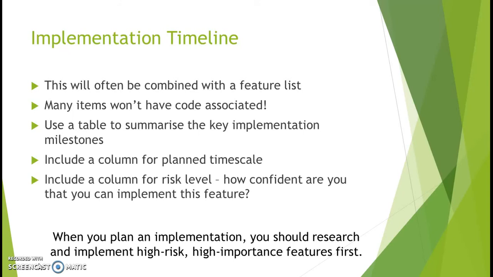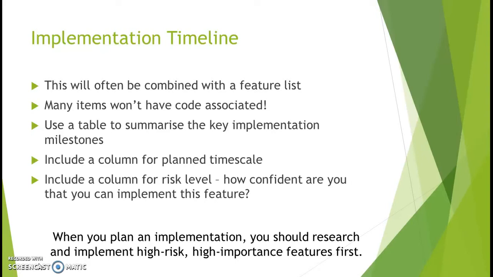When you're planning an implementation of a product, you want to research and implement your high-risk, high-important features first. If a high-risk feature simply can't be done, so let's take our Turing example, maybe Turing doesn't have a function for something that we really need, we either need to find a workaround or forget about that product altogether. And you want to know that as early as possible.